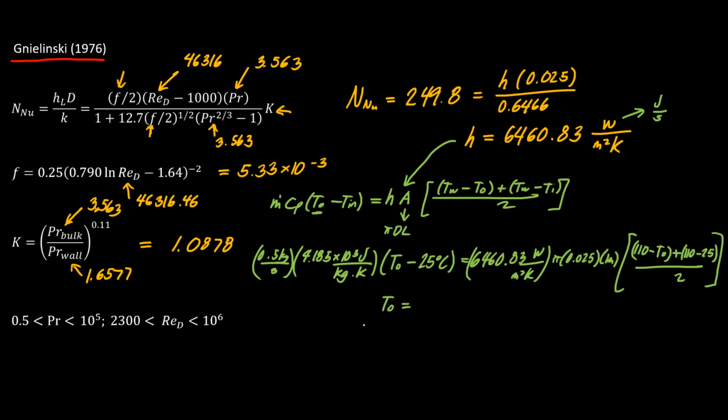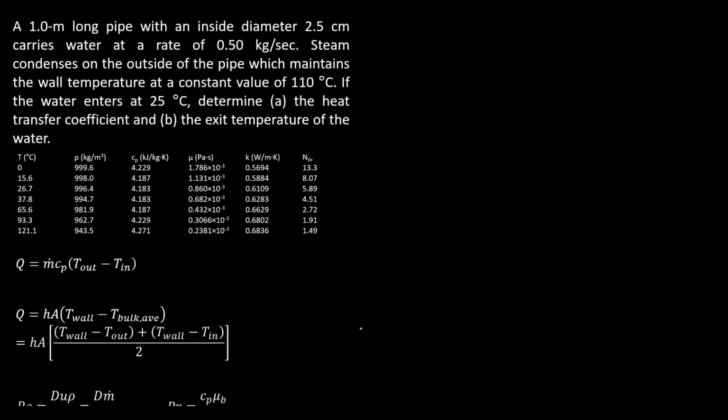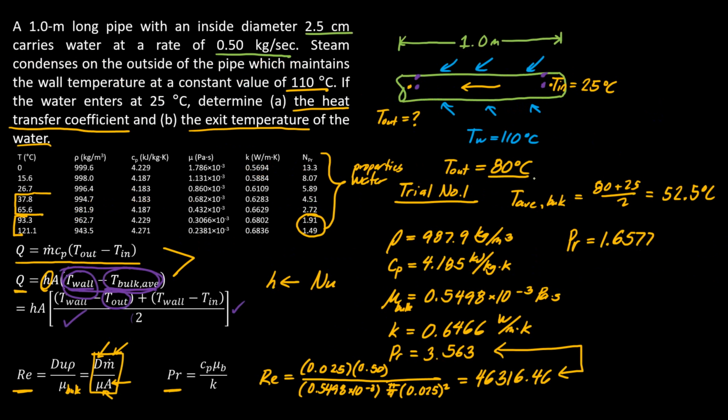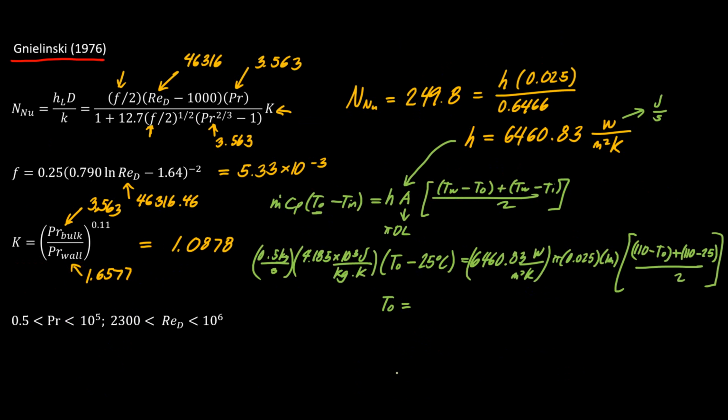The value that we obtained here is the one that we're going to use for the third iteration. We're going to do this again. We're going to obtain the average bulk temperature for the second trial, obtain the properties again, and repeat. So the value I obtained here is, okay, 43.38 degrees Celsius.